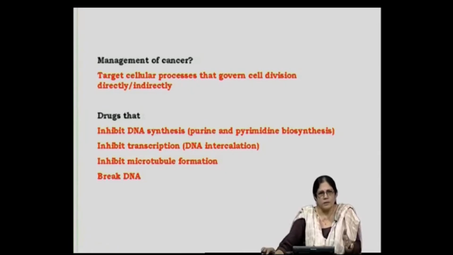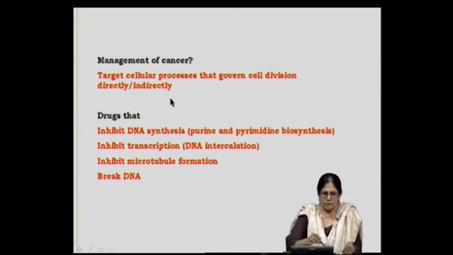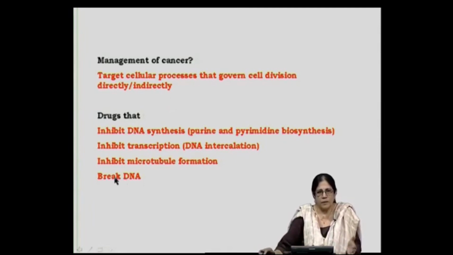There are of course others, okay, and there are newer ones, but these are all the therapies that are still in practice and for several long years are those that in fact do not allow transcription and DNA synthesis, thereby cell division itself is inhibited.